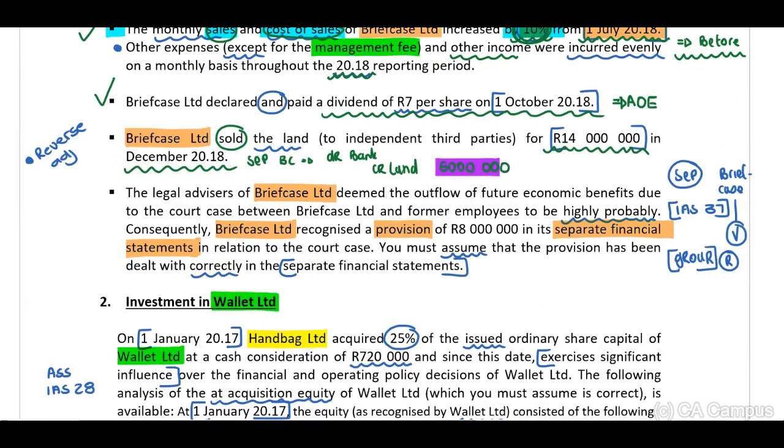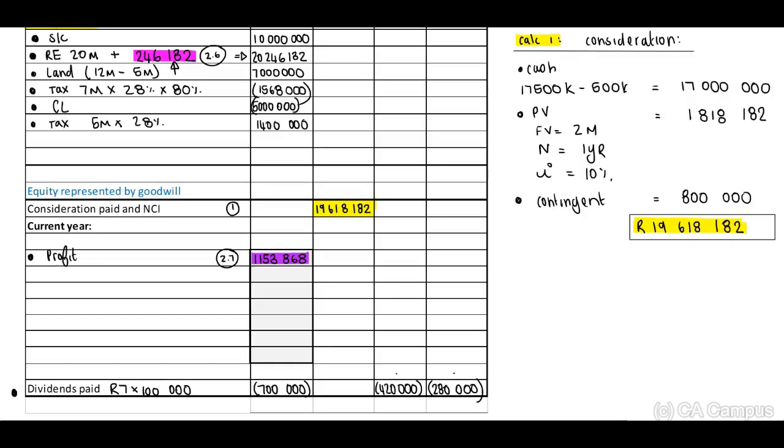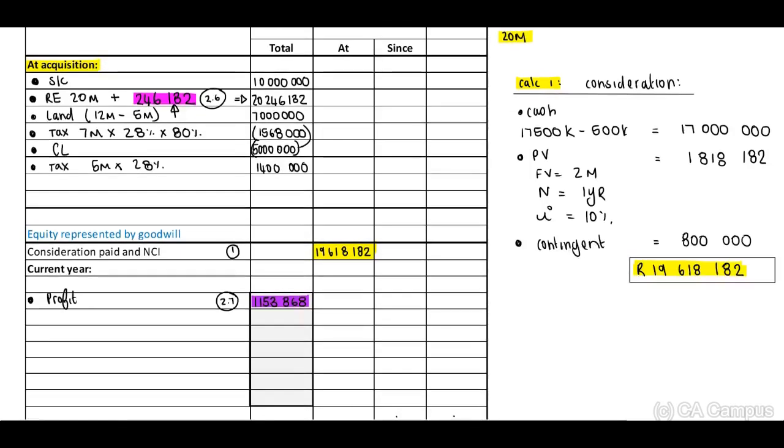Now, when you look at our group, the analysis of owner's equity, in our group, we have increased the land. Important, guys, look at the line item. We've increased the land with 7 million. But now during the year, the land is sold. Therefore, it does not exist anymore. And we now need to take this out.